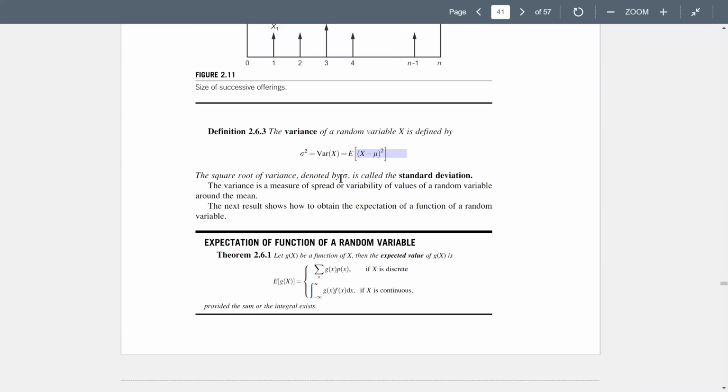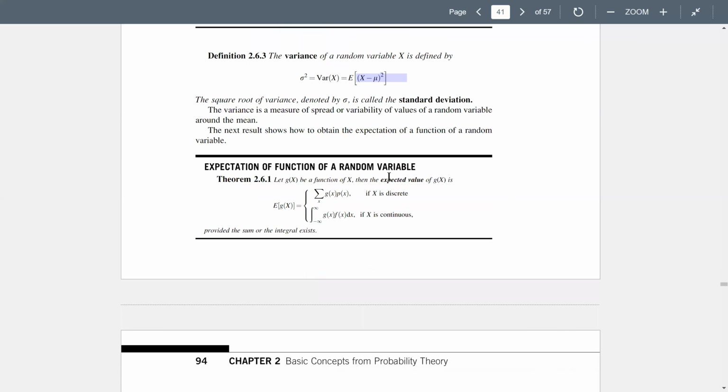you can calculate the mean and the variance of a specific variable, and you can also calculate the expectation of a function of a random variable. You see, instead of calculating the mean of x, we calculate the expected value of a function of x, which is g of x.